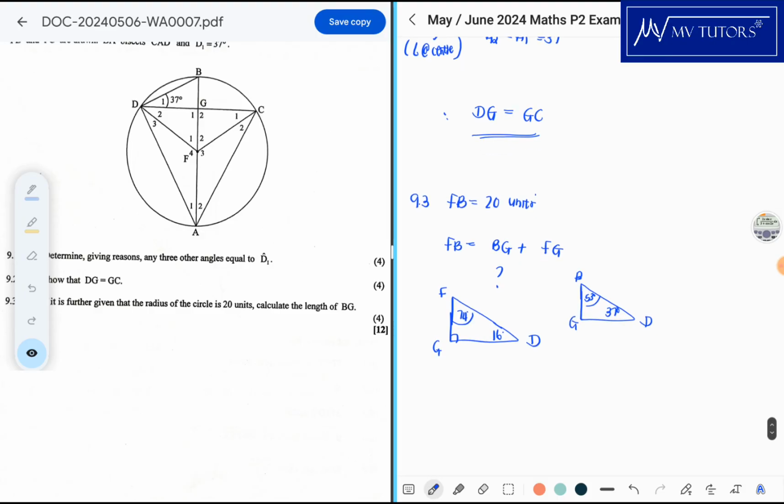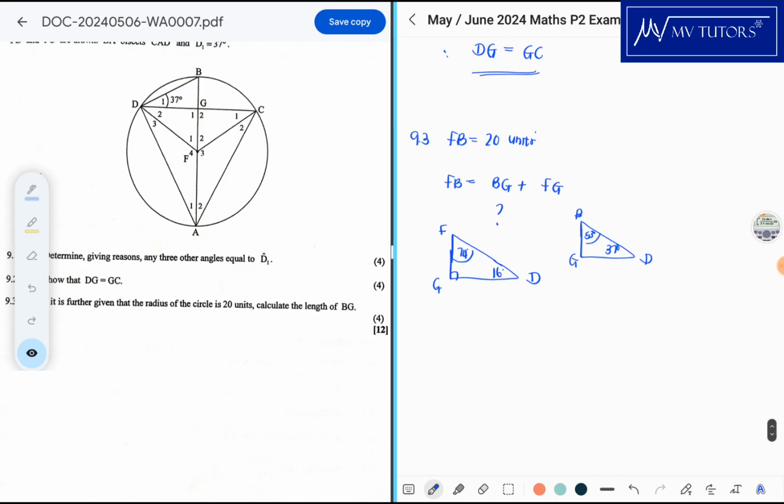So I could either use FGD to get the length of FG and then ultimately get the length of BG, or I can just calculate BG straight. But I can't really use BDG because I need to use the radius, which is 20 there. That's FD. So I'm forced to use FGD.